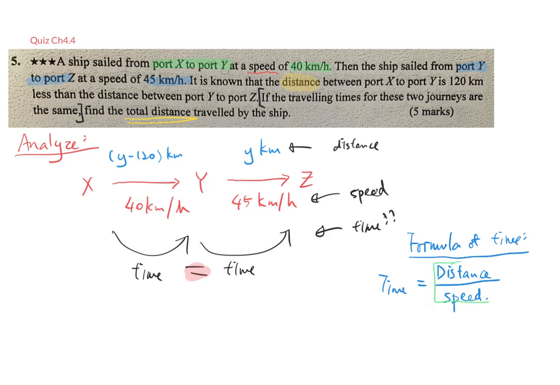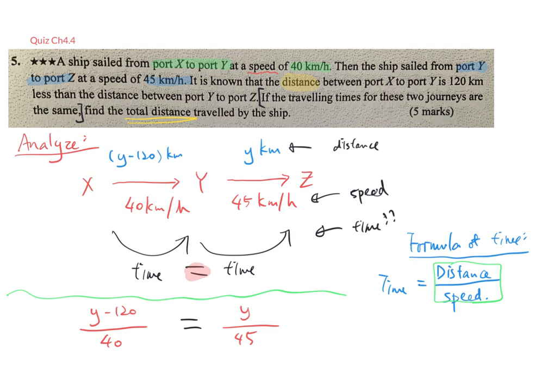So from X to Y we have an expression for time, distance over speed. This is the time for X to Y, and on the other hand we have the time of Y to Z. We know that these two times should be the same. So now we set the equation.